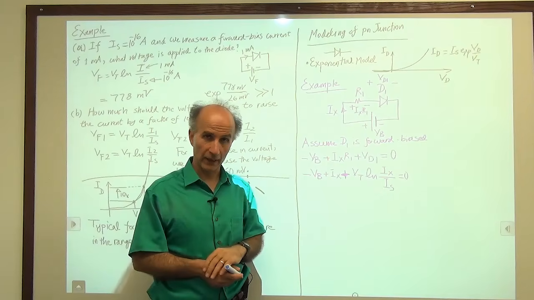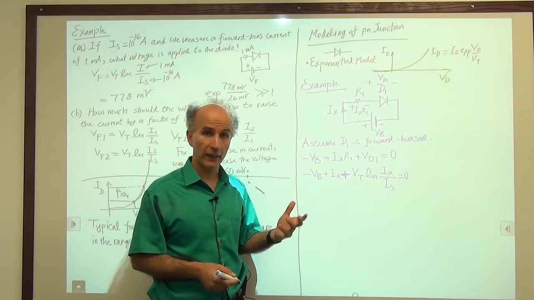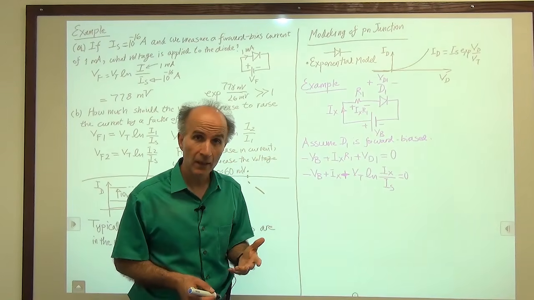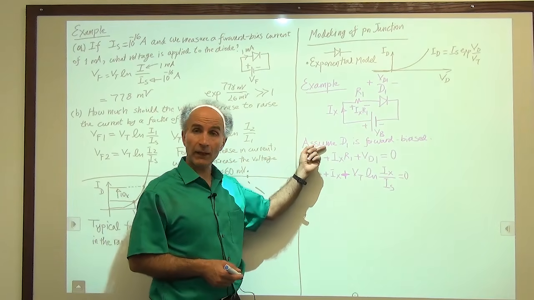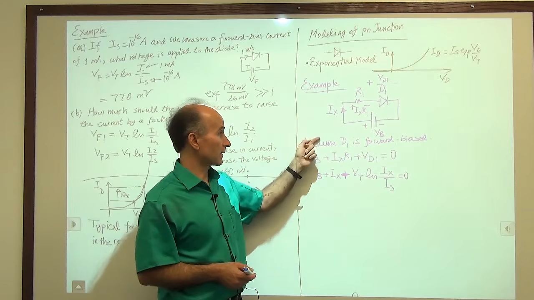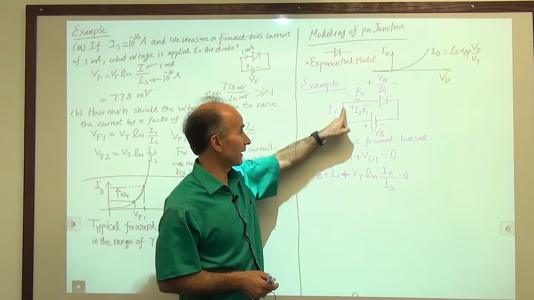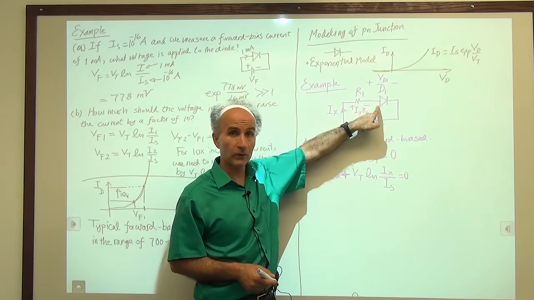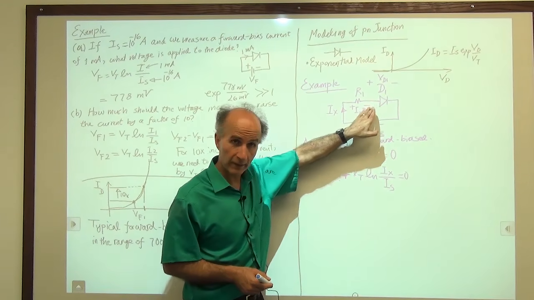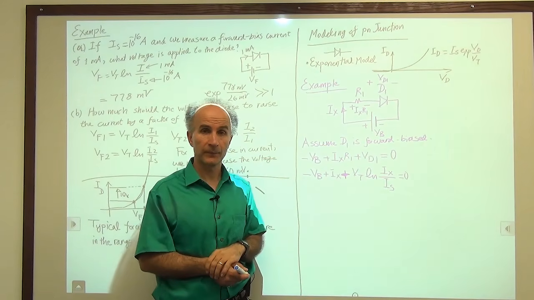And that's the value of Ix. Now, once we find Ix, if Ix happens to be positive, then this assumption is correct. If the Ix happens to be negative, then this assumption is incorrect. I can tell you that because we have a positive connected to the anode of the diode, this diode will be forward biased, this assumption is correct, and Ix will be positive.